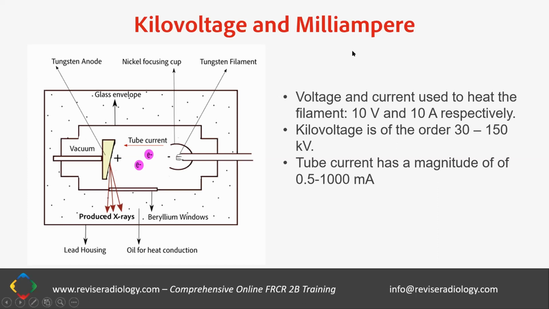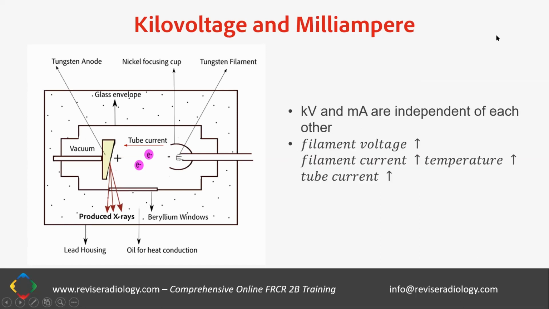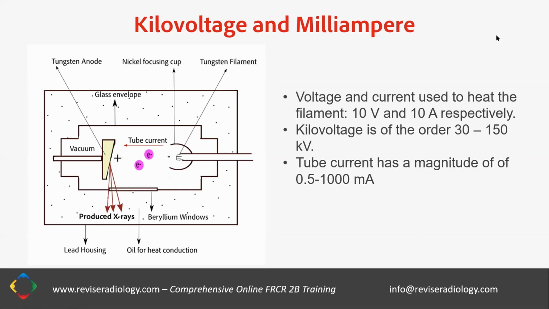So the next important thing is the voltage which is applied across the tube itself in order to direct the electrons and give them high velocity so that they will smack against that anode with as high a velocity as possible. That is of the order of 30 to 150 kilovolts. And the next important term that we have to know here is the tube current.